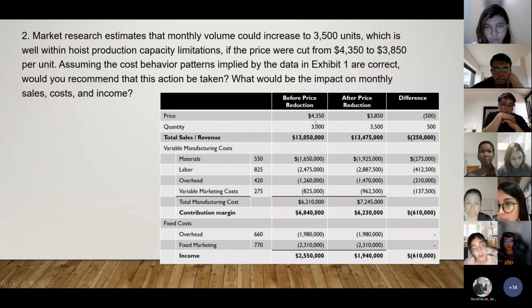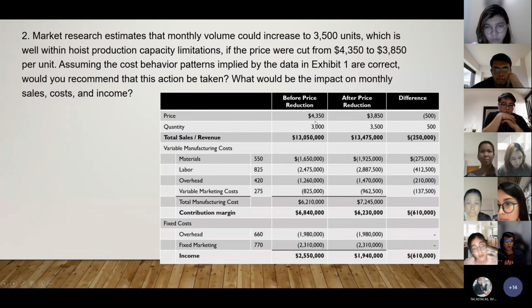So what would be the impact on monthly sales? So ang sales natin kapag minultiply natin yung price times quantity is equivalent to $30,050,000. So doon naman sa bago, after price reduction, price times quantity is $13,475,000. That's gonna be our sales, total sales or revenue. So as we can see sa result, mas tumaas yung sales natin. That's the impact on sales.